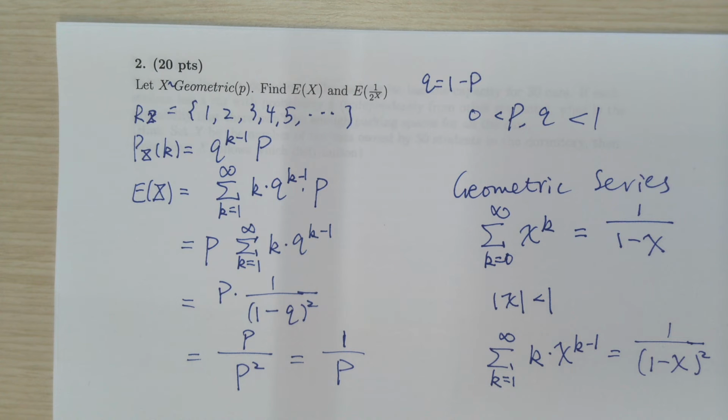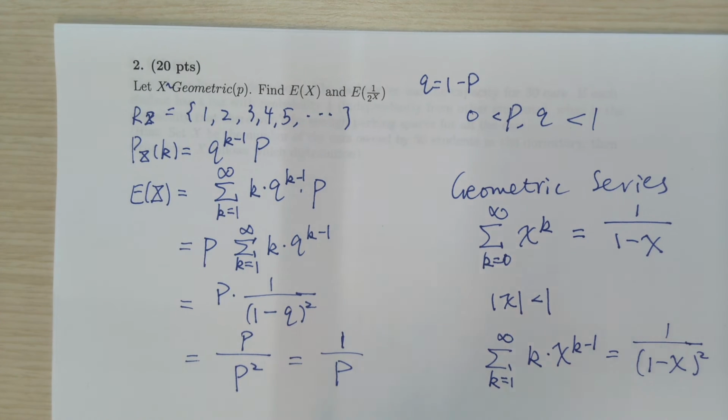On the contrary, if p is fairly large, you just need to toss the coin a few times, and then you expect you're going to observe your first head. Okay, so that is how to rederive that part.